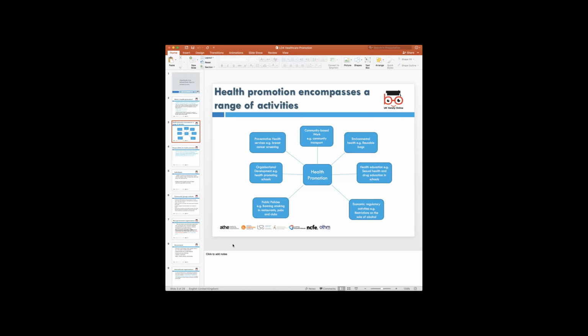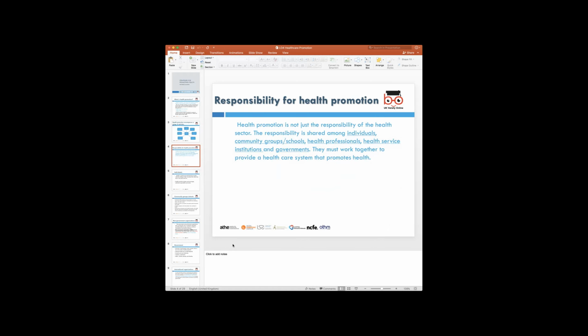Now, who has the responsibility of promoting this? What the government basically says is that it is not just the responsibility of the NHS to put out these bits and pieces of information termed as promotion. It is a shared responsibility.